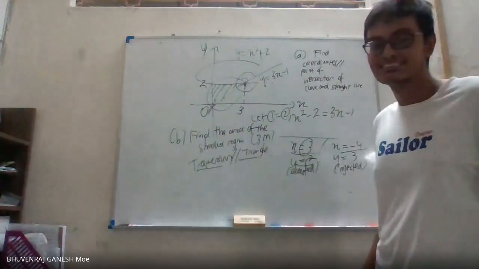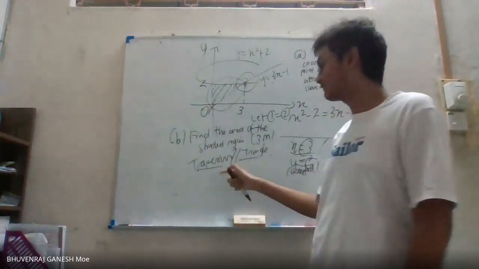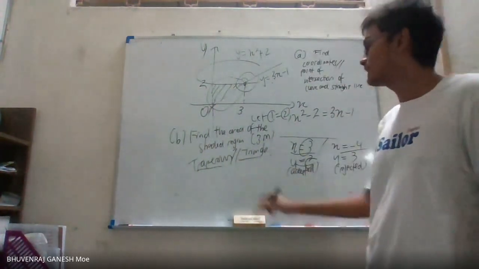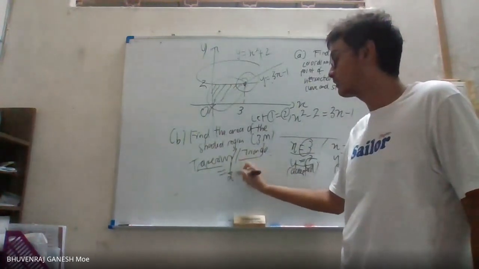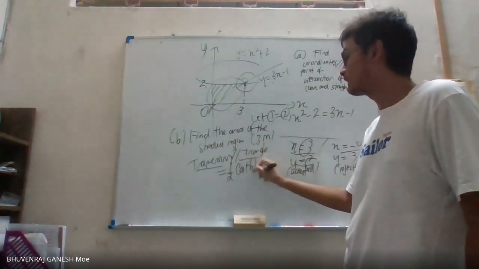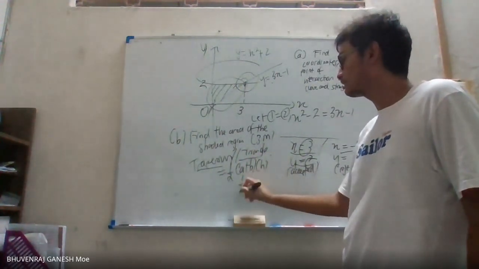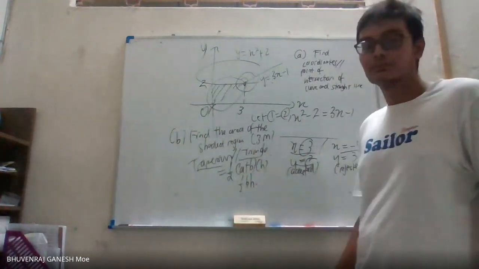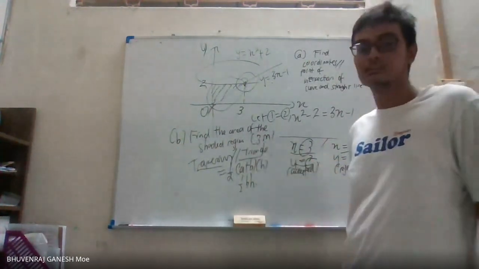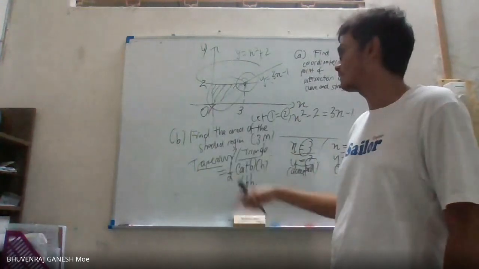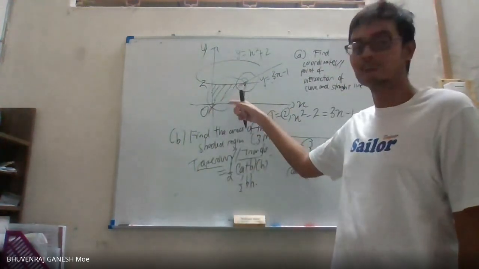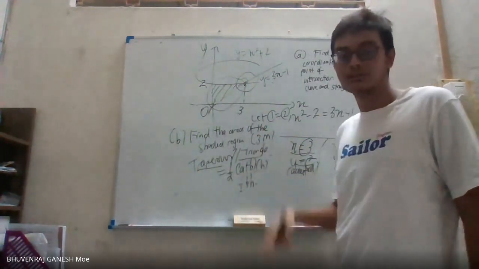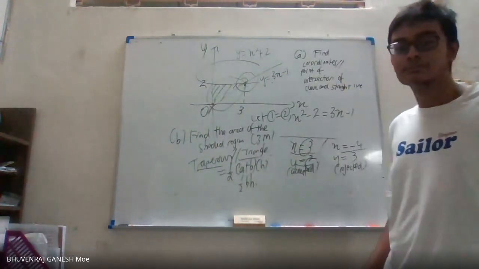Make sure it's a proper trapezium or triangle. Then apply the formula you learned, half (a plus b) h, or half base times height. You can already find it straight away. It's actually proven that if you use integration to find this area and you use the formula, you will get the same answer eventually. So it's a valid method.